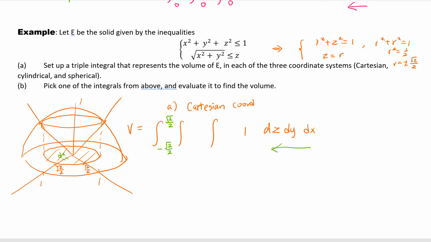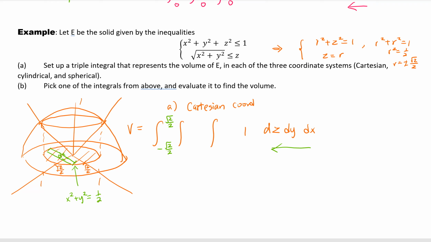Now, next is the dy. So we draw the rectangle parallel to the y-axis. Then for y, this is the circle x squared plus y squared equals the radius squared, which is 1/2.